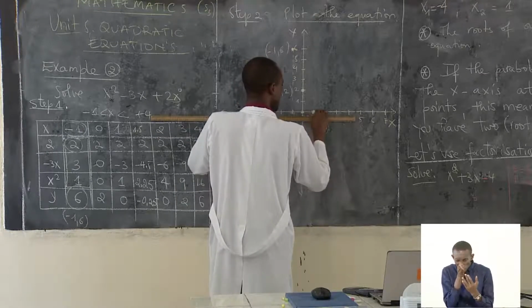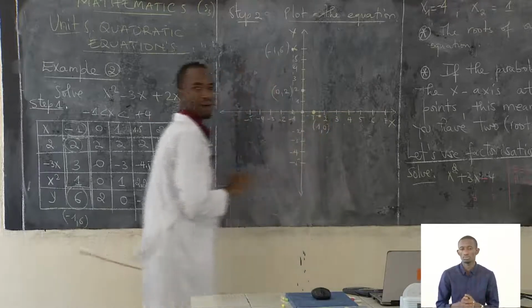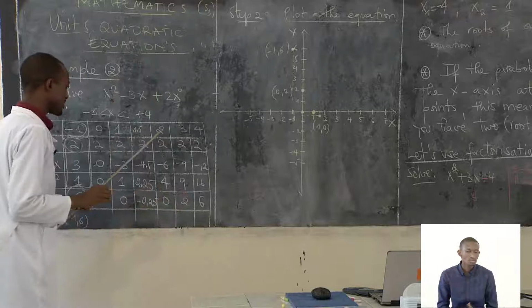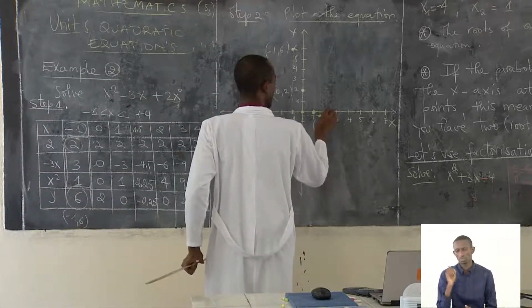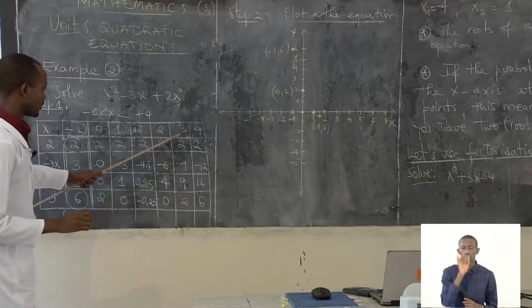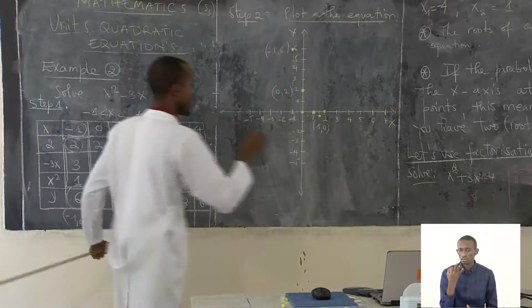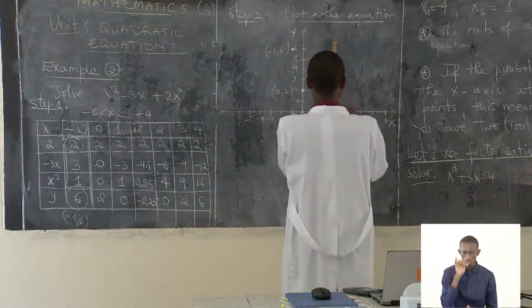Like here. This is the other point we have. And the other point is 2 and 0. 2 on x and 0. It's here. The other point is 3 and 2. 3 on x and 2 on y. It's here.